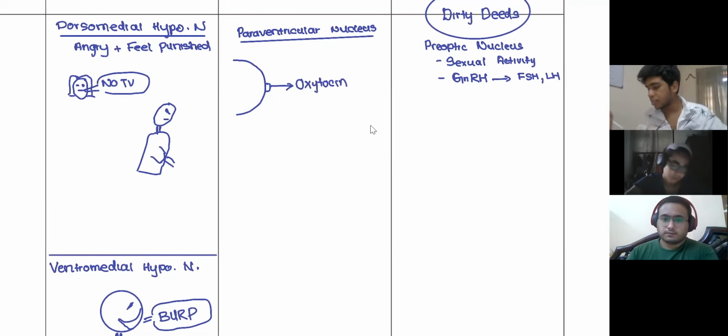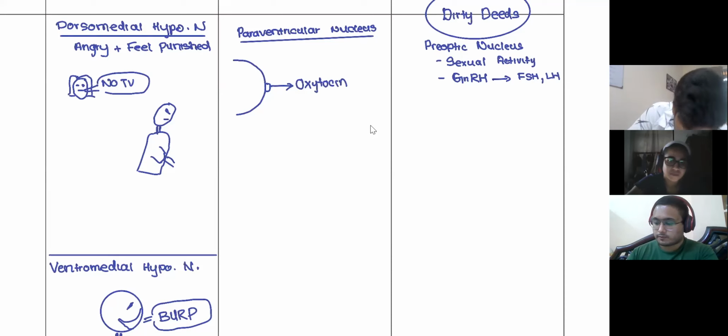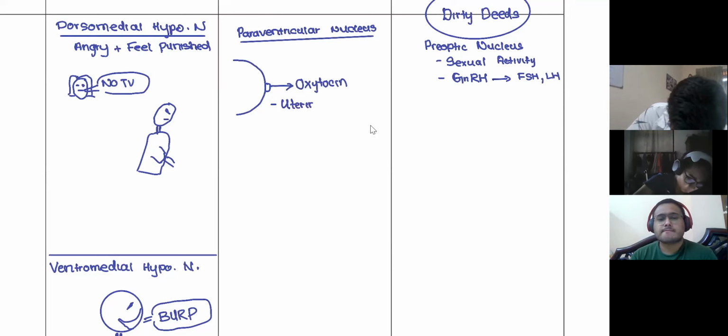Can someone tell me the functions of oxytocin? Two functions. It's the feel-good hormone. It has a function in that, yes. But more than that, it has two very important functions in females. Contraction of uterus. Yes, uterine contraction. During pregnancy, when the time for birth has come, it causes uterine contraction.